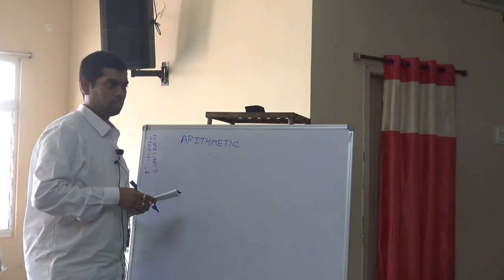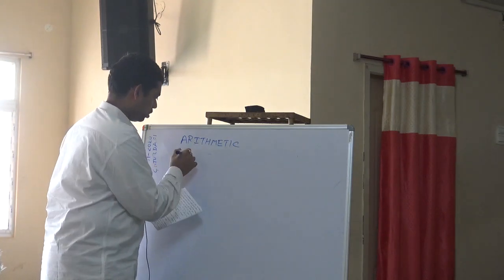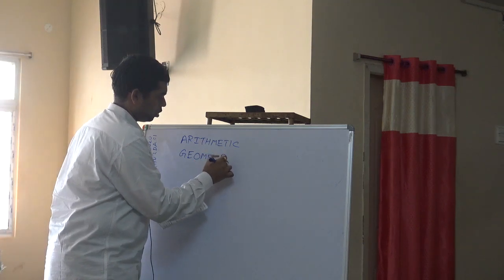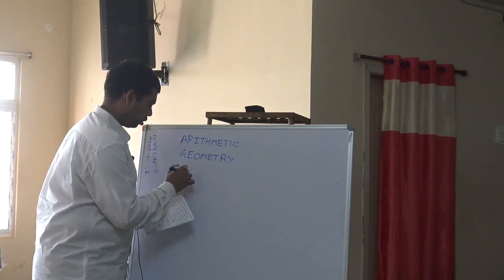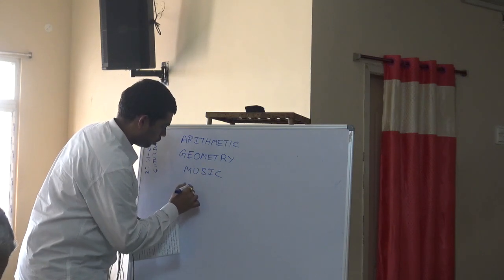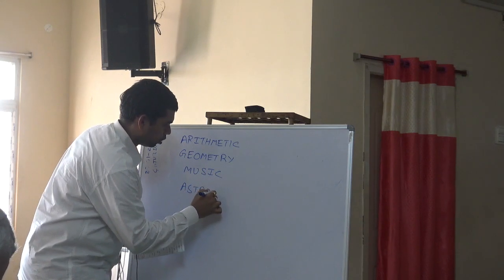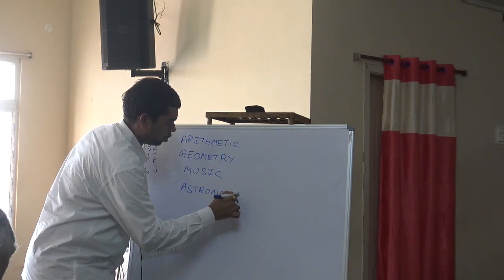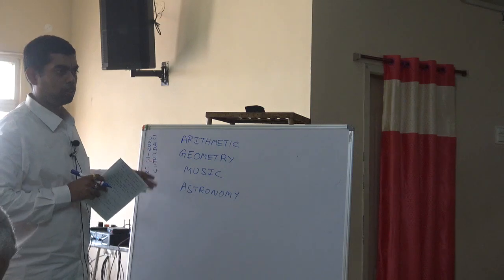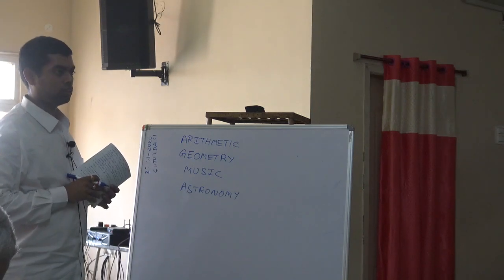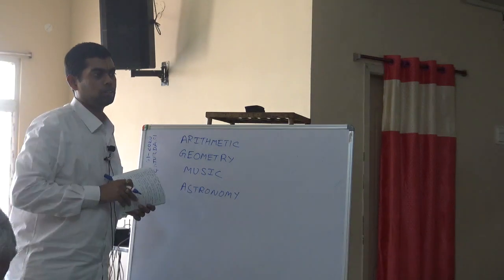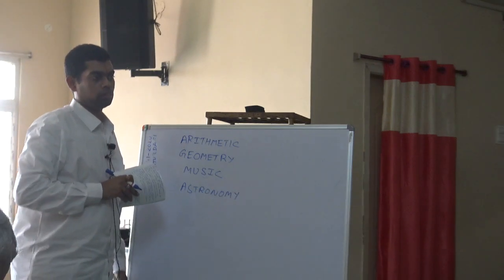Arithmetic, geometry, music, and astronomy. Арифметика, геометрия, музыка и астрономия. These are the four important sciences taught in the school of Pythagoras. Этим четырем наукам обучали в школе Пифагора.